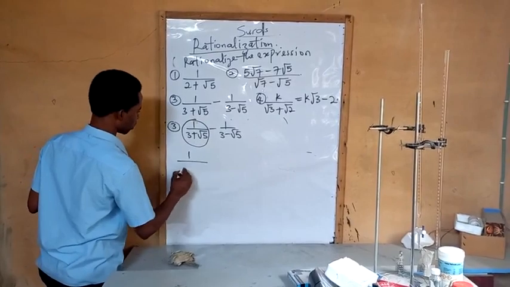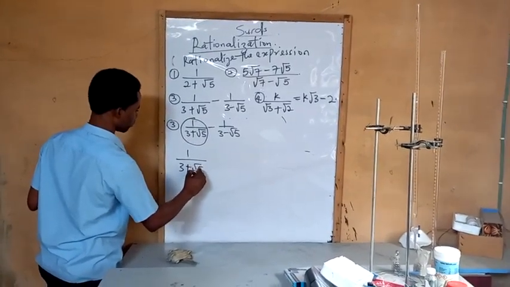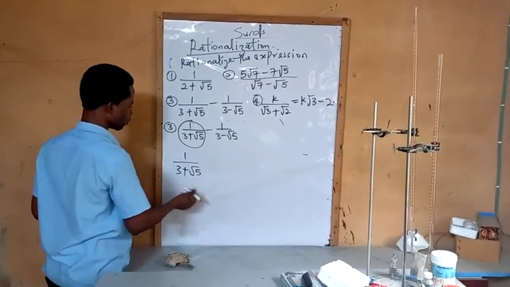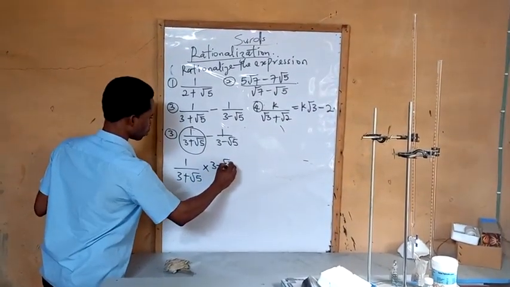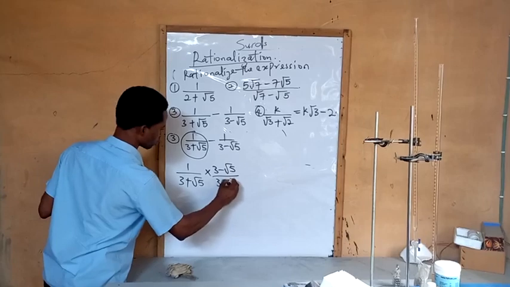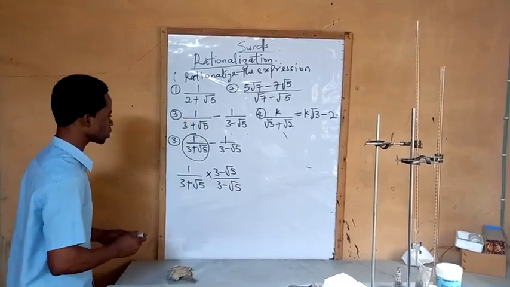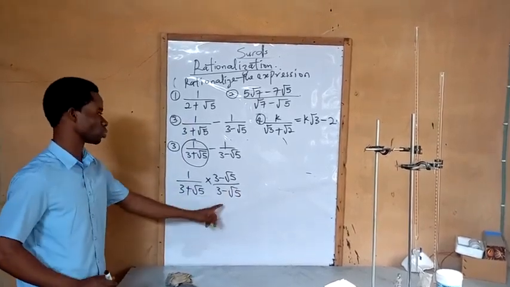That's 1 over 3 plus root 5. That means if you rationalize this, we multiply by 3 minus root 5 over 3 minus root 5. I told you that the plus here is going to change to minus.